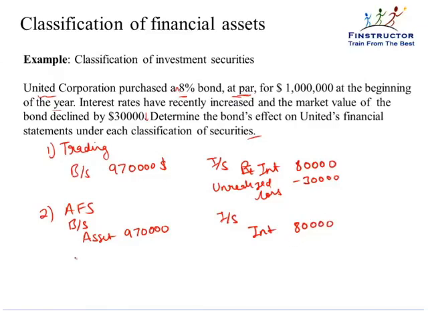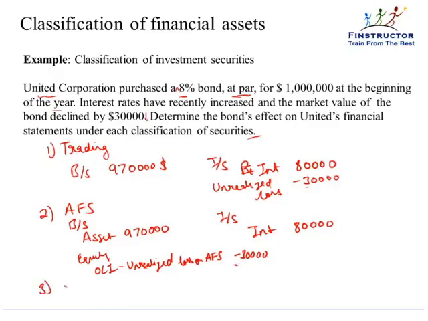It would have directly been adjusted under the equity account of other comprehensive income as an unrealized loss on available for sale securities as an amount of minus $30,000. So in both cases, equity is getting reduced by $30,000: in trading securities directly on the income statement, in available for sale securities directly on the balance sheet, with no impact on the income statement.